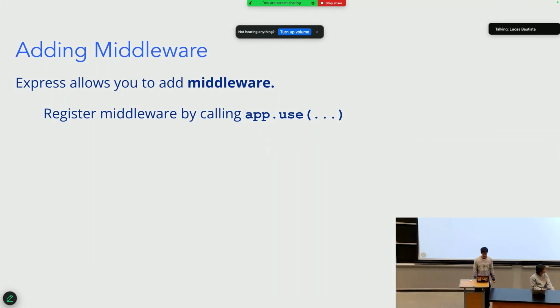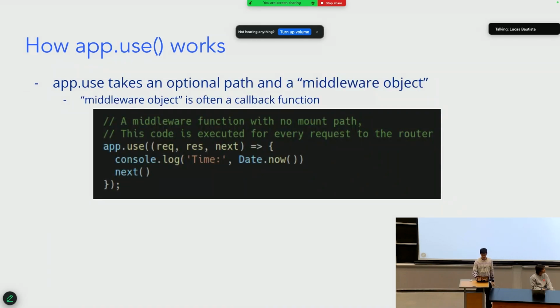The way that we add middleware is by using this app.use function. We've talked about app.get, which creates a GET request, and similarly, you can do app.post, which creates a POST request. App.use is another functionality of Express that allows you to register a middleware.